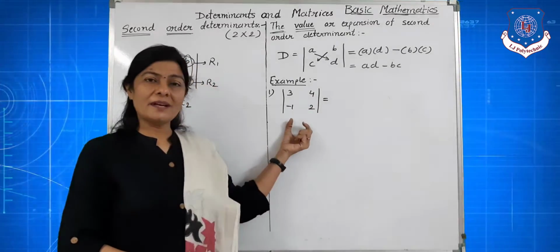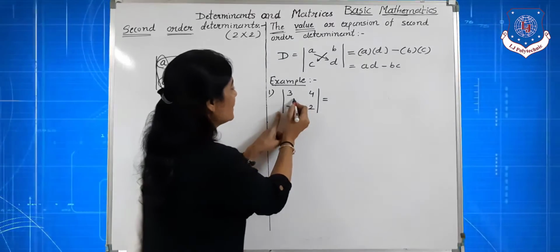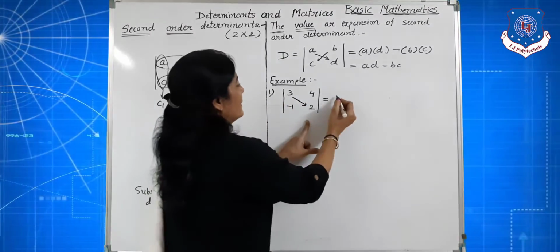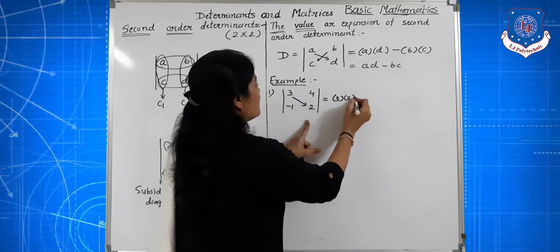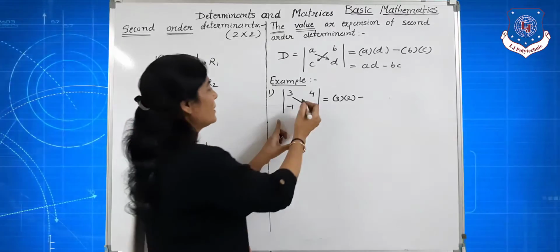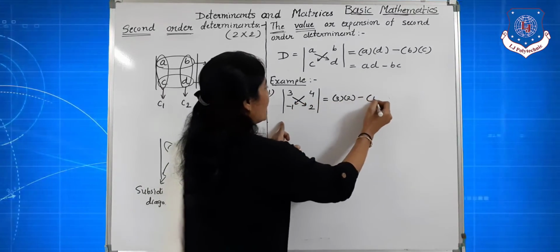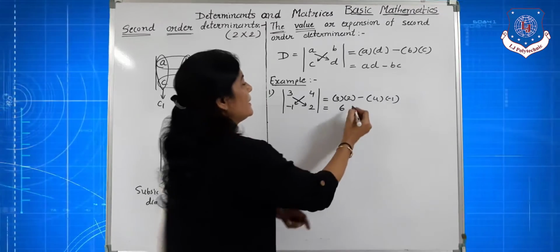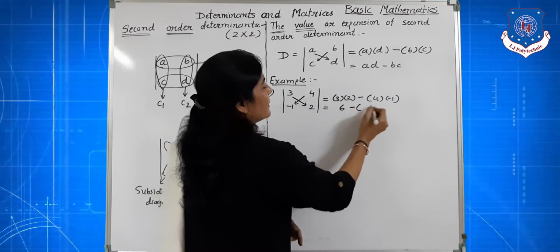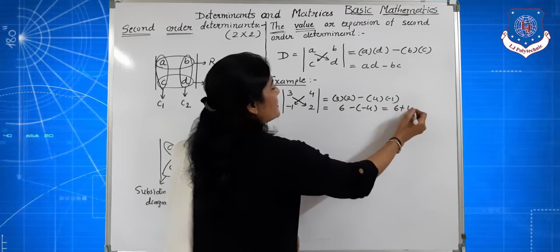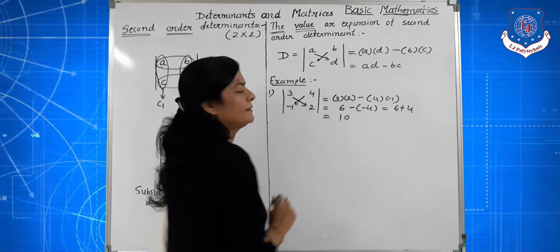Now value of this determinant is product of elements on principal diagonal 3 into 2 minus product of elements on subsidiary diagonal 4 into minus 1 equal to 6 minus minus 4 equal to 6 plus 4 equal to 10.